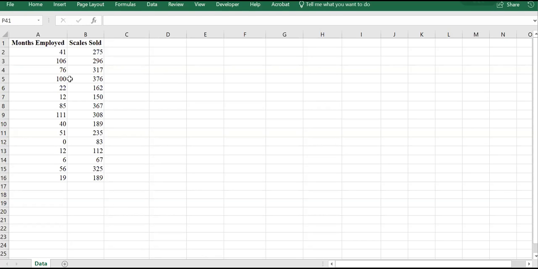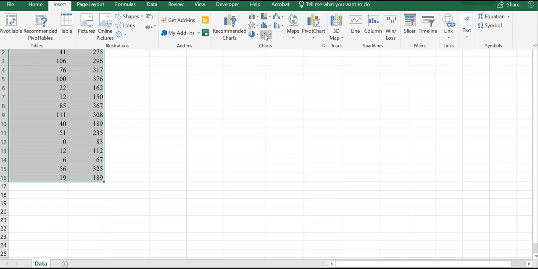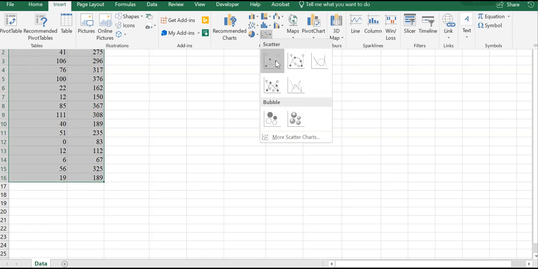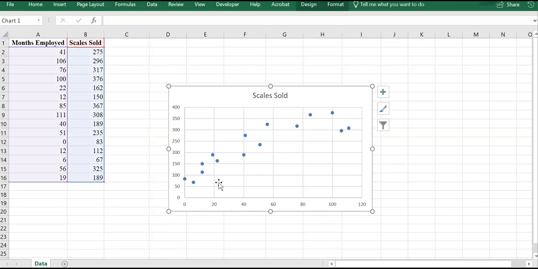In order to visualize the relationship between two variables, we know that we're supposed to use a scatter chart. So I'm going to select these two columns, go to the Insert tab, and add a scatter chart. By default, Excel is going to put the first column on the horizontal axis and the second column on the vertical axis.